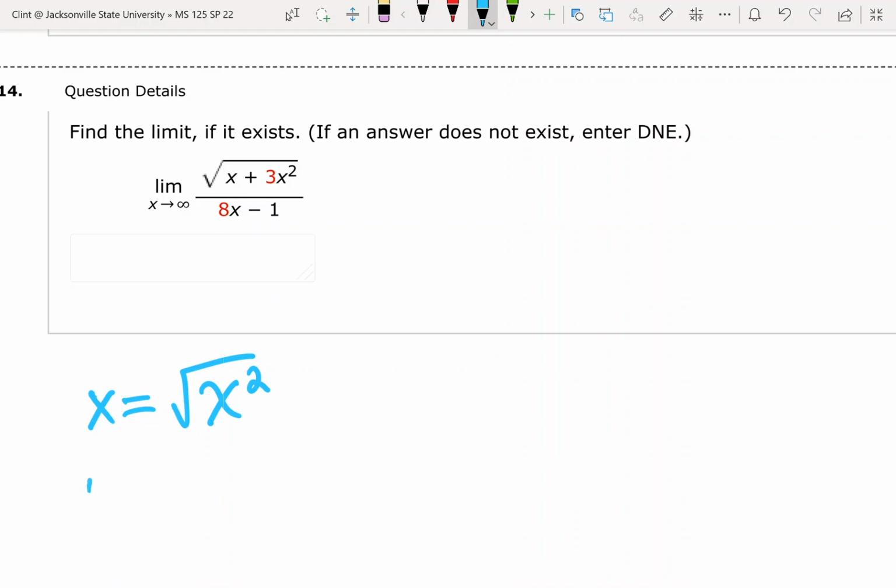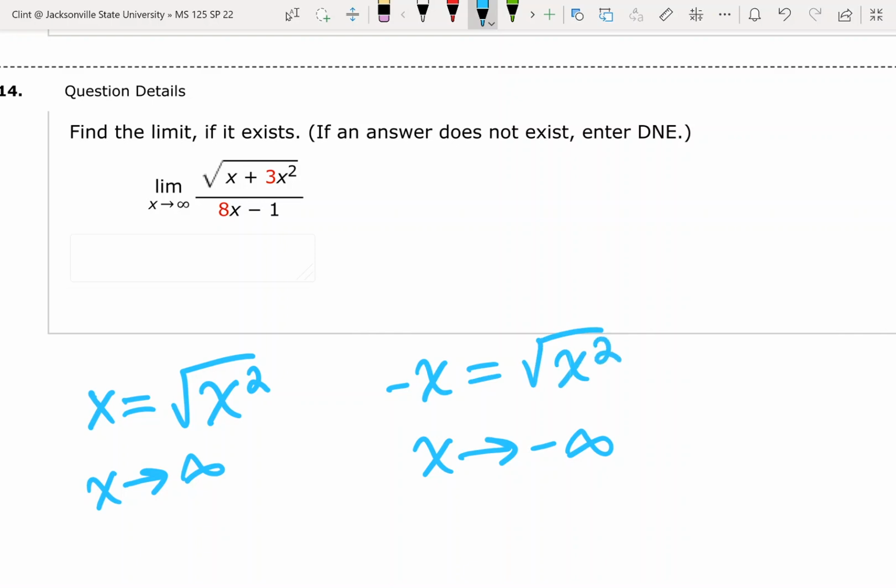And that's okay because x is on the positive side. If we were approaching negative infinity, then we would have to use a minus sign up there. You can write it that way too. But we don't have to worry about that on this one.